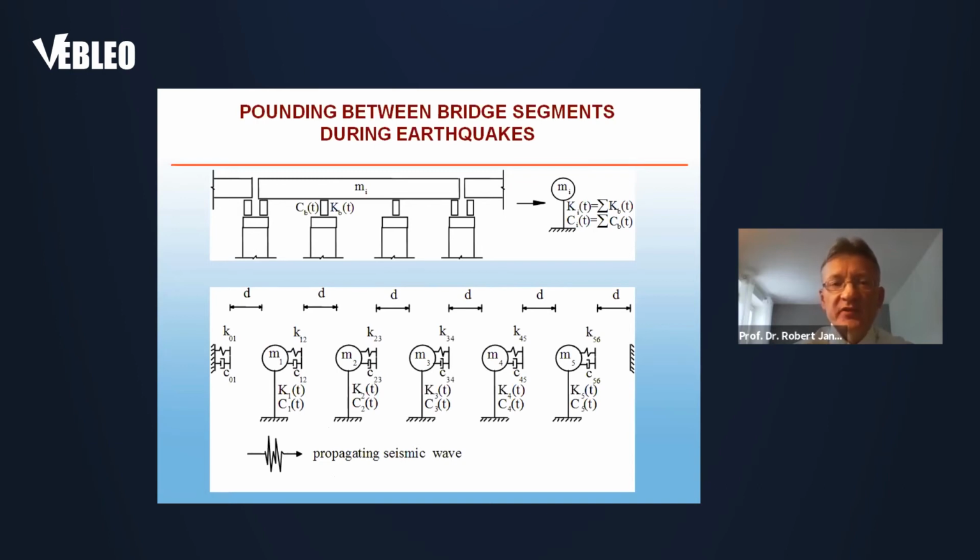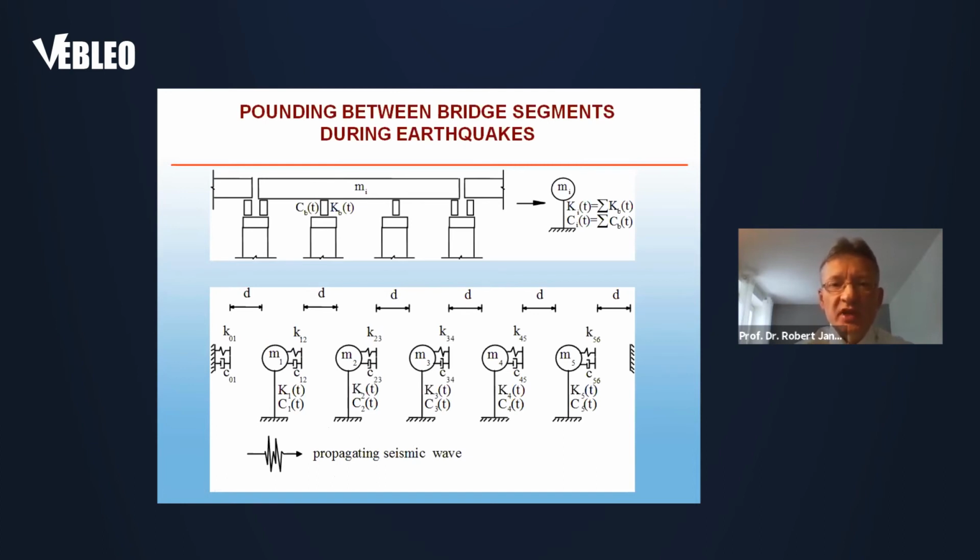A very simplified model can also be created for this structure by making the mass of the whole superstructure segment to be lumped on one point and supported by the sum of all the high damping rubber bearings. Here, high damping rubber bearings were used as the isolation devices for this structure.